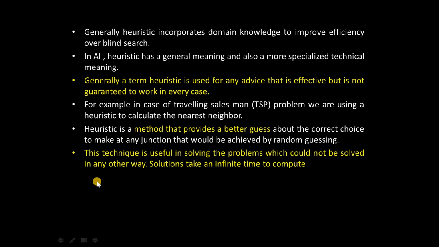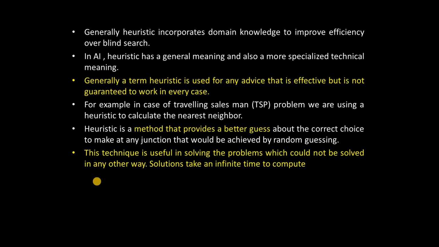For example, in the case of the traveling salesman problem, which we have already studied, we use some cost values or heuristic values, and these values are used to calculate the nearest neighbor. So that is an integer value or data which helps us to find the solution. So heuristic is a method that provides a better guess about the correct choice to be made.